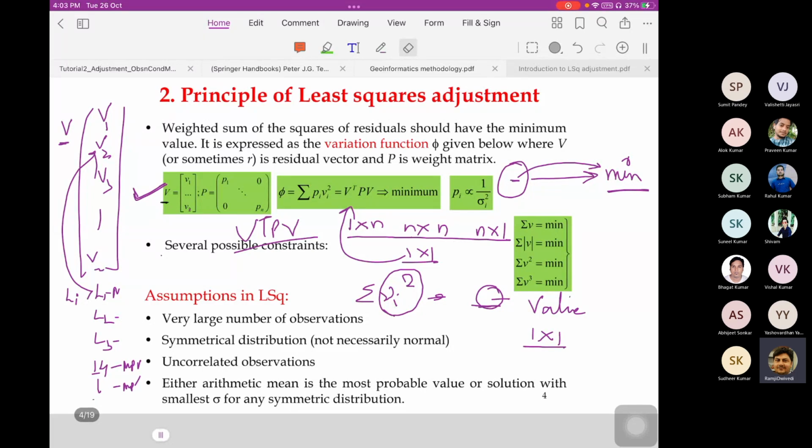Every measurement is exact in nature, that means it is uncorrelated with other measurements. There should not be any correlation between two measurements. And either the arithmetic mean is the most probable value, or the solution with the smallest sigma for a symmetric distribution. So these are the 4 assumptions that you should remember.